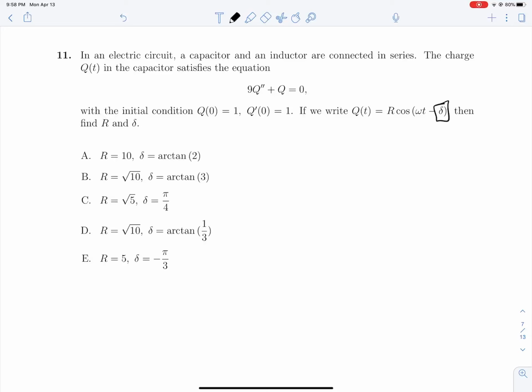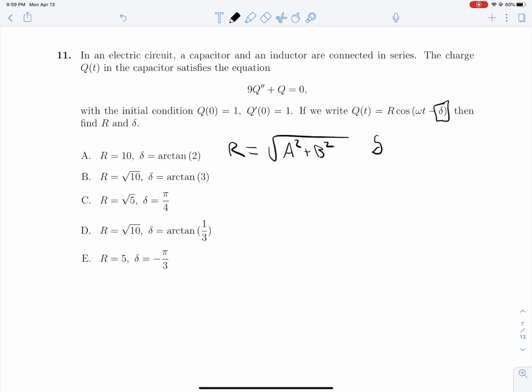Thinking about this in mass spring system land, R is the square root of a squared plus b squared, where a and b are the coefficients on the sine term and the cosine term that we'll see appearing in a second.